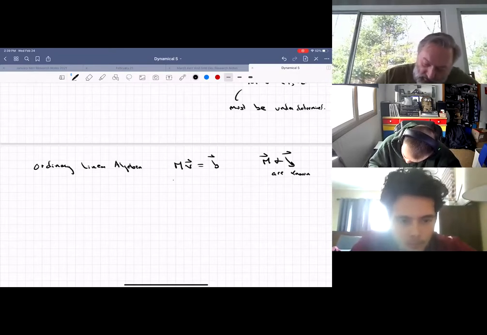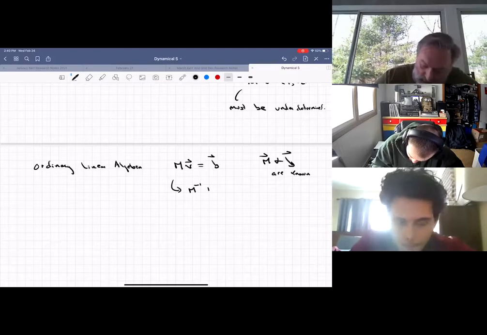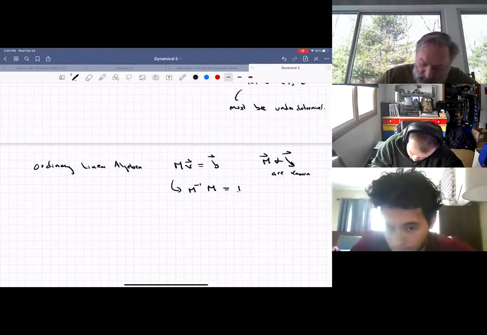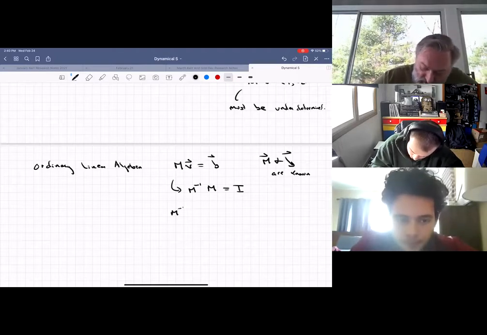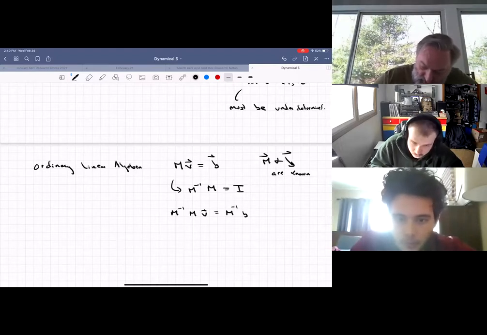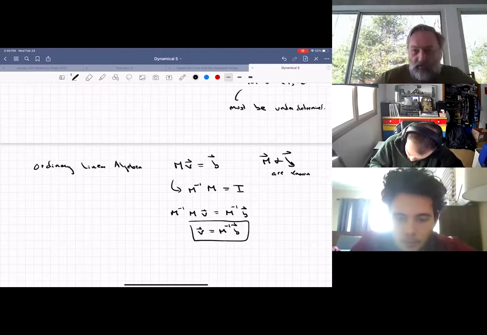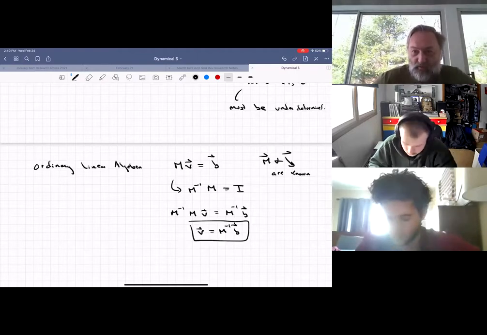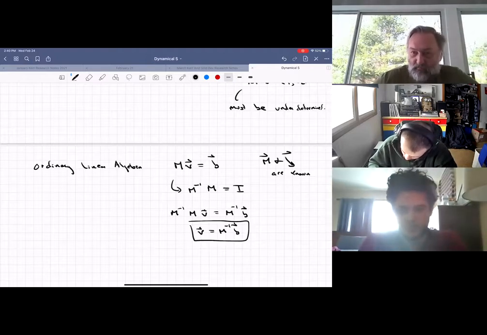The way we do this is we say there's some matrix M inverse that, if we multiply by M, gives us the identity matrix. So M inverse times M times V is equal to M inverse times B. Therefore, V is equal to M inverse times B. I find the inverse matrix, and then I can solve.